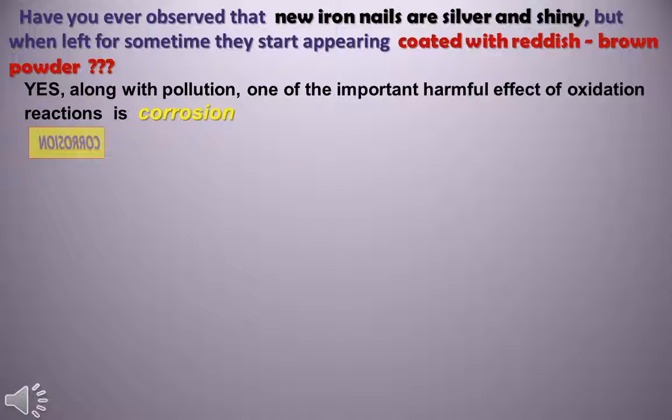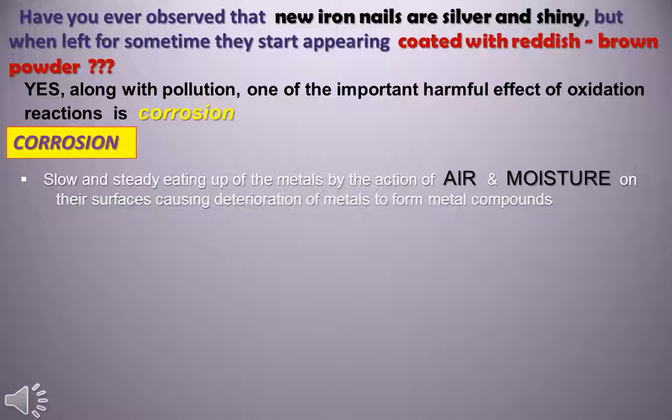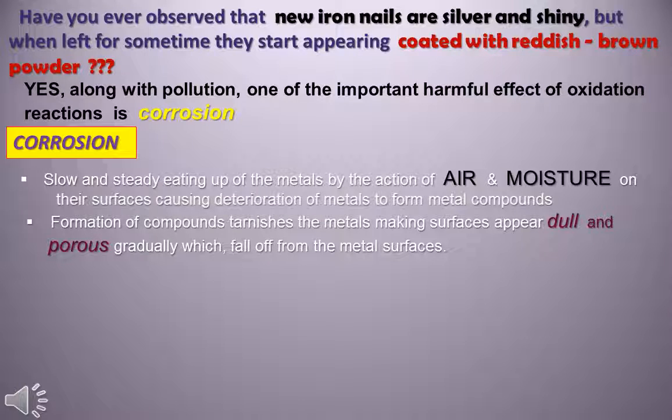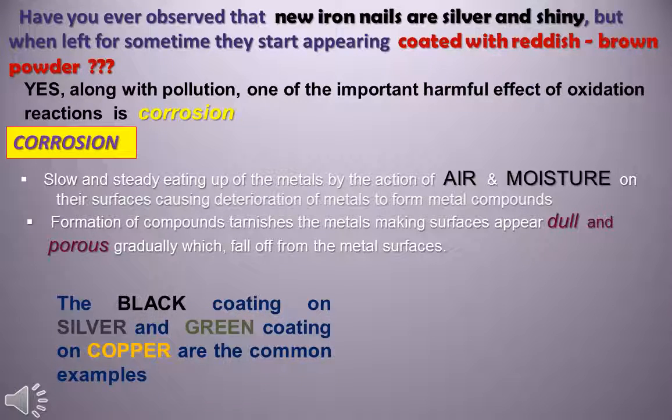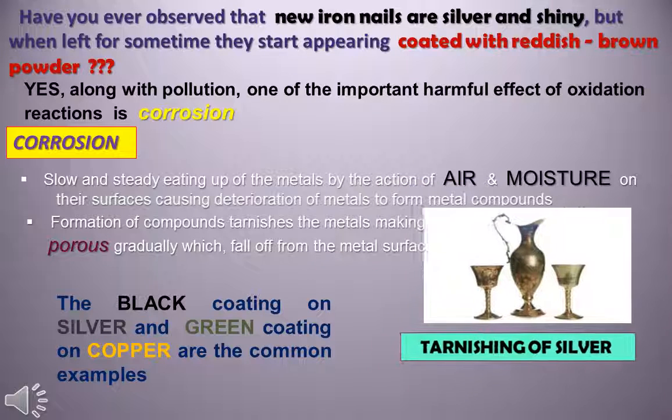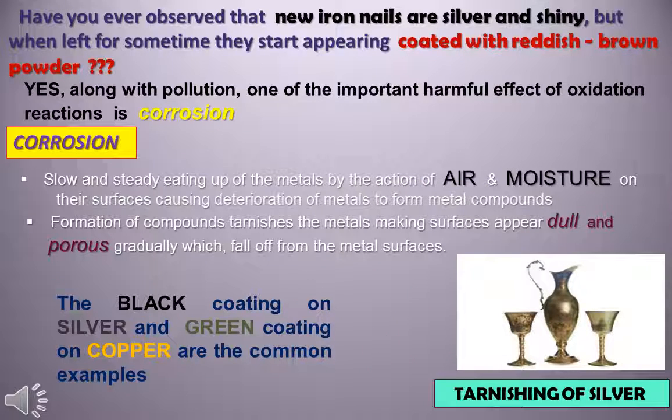Corrosion is a slow and continuous eating away of metal by the action of air and moisture. As a result, the metals form compounds which make the surface of the metal dull and porous. Gradually, the whole metal gets eaten up. For example, we can see tarnishing of silver in this picture, where the black eating up of silver takes place.